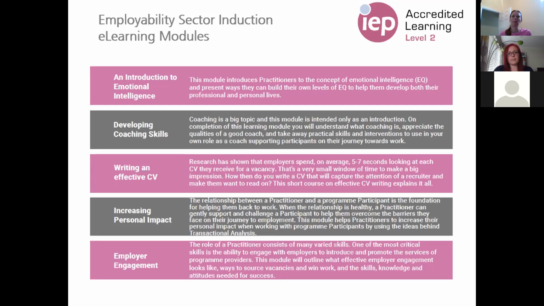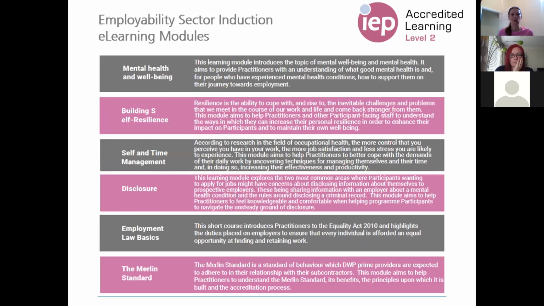And that's a module that's all about how do you get the most out of your communication with the customers that you work with, and how your own personal approach can increase your impact when you're working with people and get better outcomes. We have a module on employer engagement and supporting you when you are trying to find opportunities for your customers. Mental health and well-being follows that, and building self-resilience.